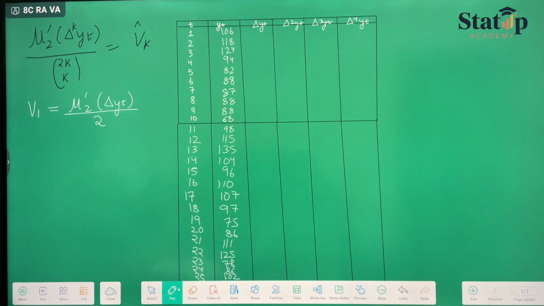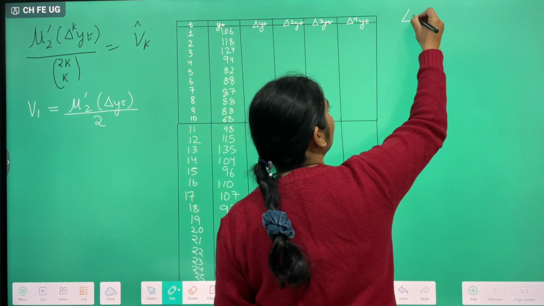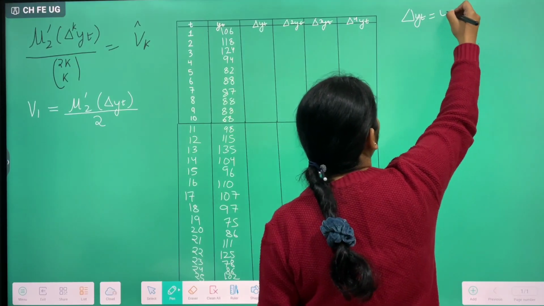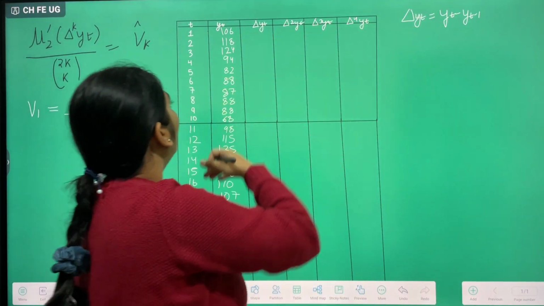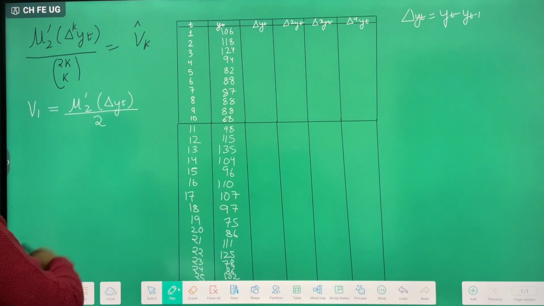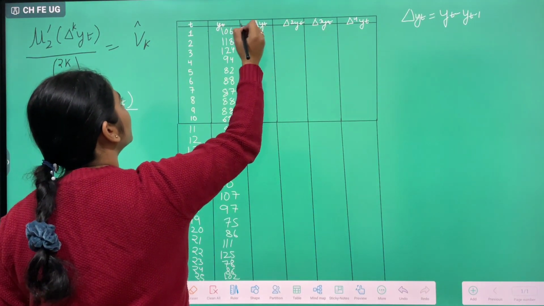So we just need the variance of delta yt. Delta yt, as I have told you earlier, is nothing but yt minus yt minus 1. So 118 minus 106 would be 12.